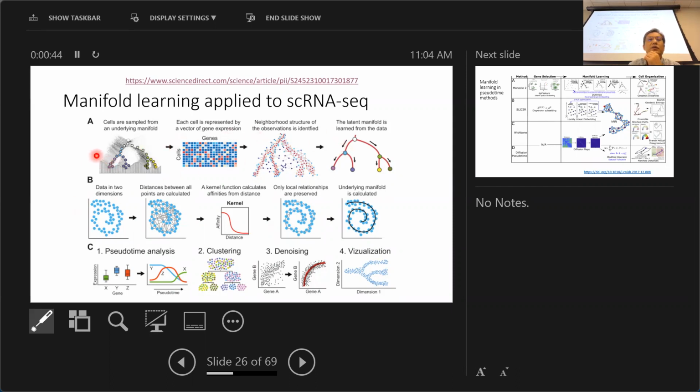So in the single cell data set, if you consider each cell a data point, then cells are linked. They are under different development trajectories, and because of canalization effects, they don't jump from one state to another.